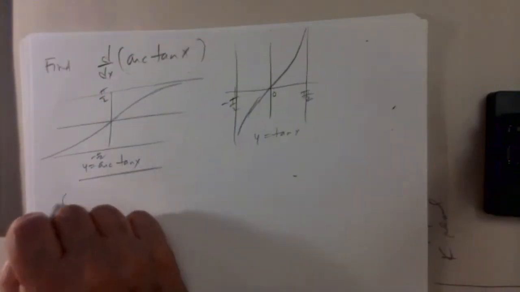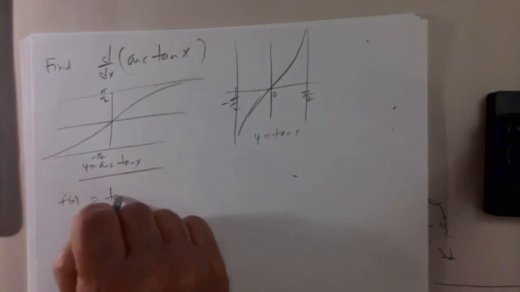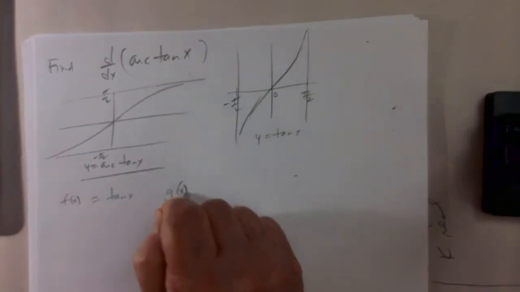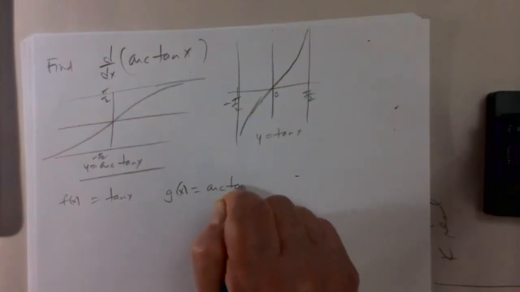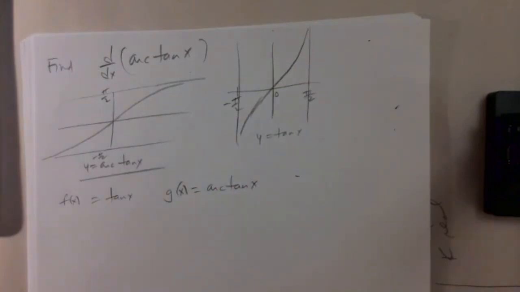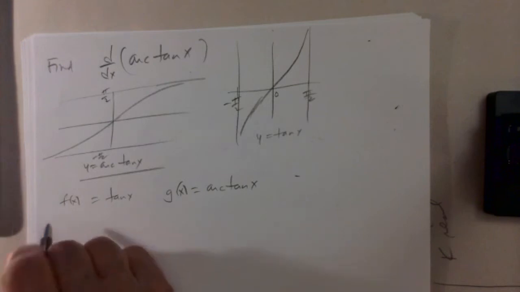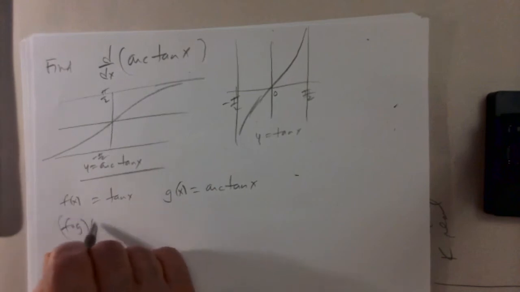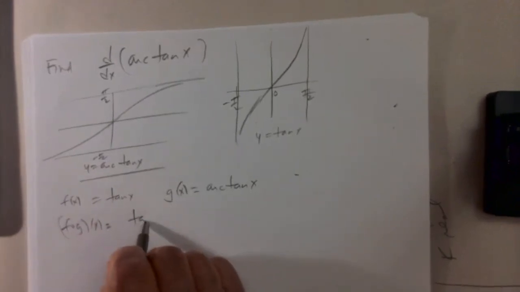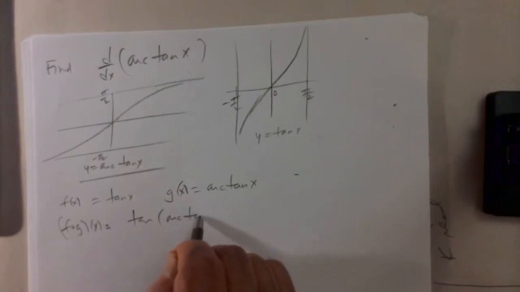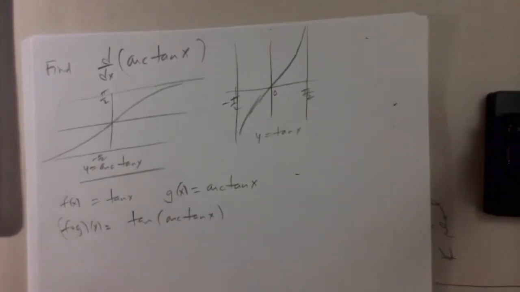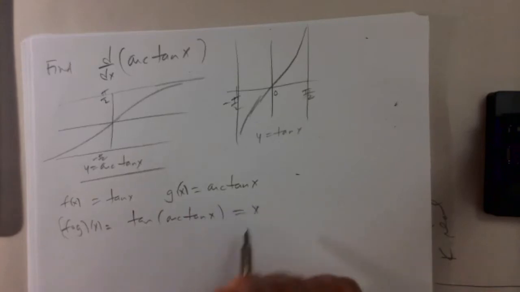So suppose we let f of x be the tangent of x, and g of x be the arctangent of x. So what we know is that f composed with g of x, this is the tangent of the arctangent of x. This means this is the angle whose tangent is x, so the tangent of that angle is x.